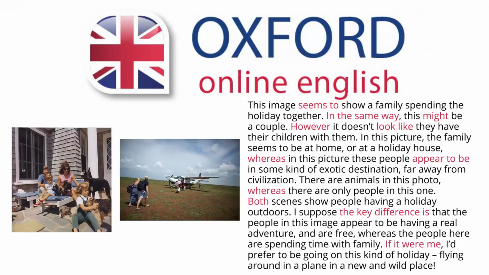There are animals in this photo, whereas there are only people in this one. Both scenes show people having a holiday outdoors. I suppose the key difference is that the people in this image appear to be having a real adventure and are free, whereas the people here are spending time with family. If it were me, I'd prefer to be going on this kind of holiday, flying around in a plane in a new and wild place.